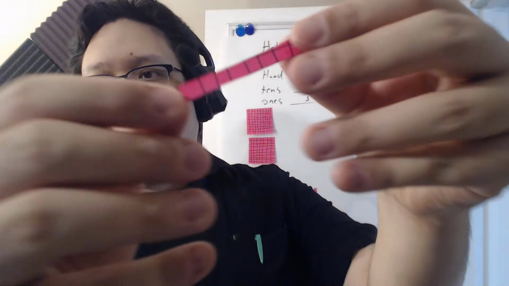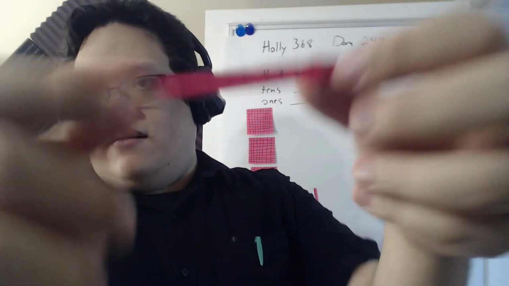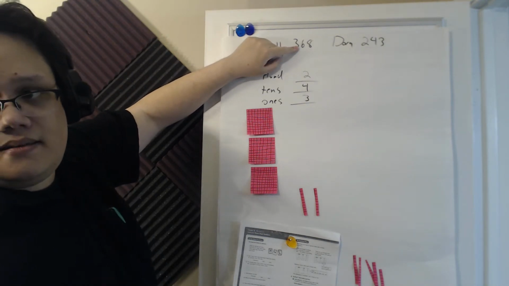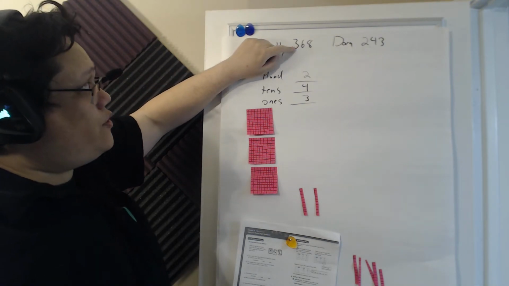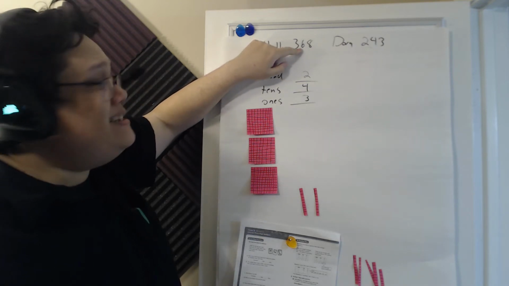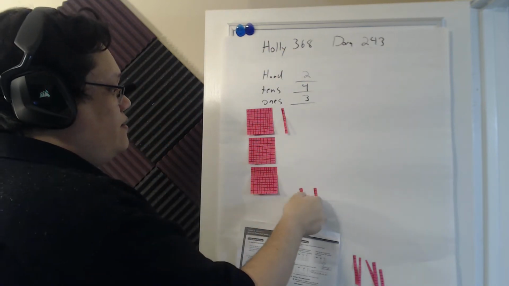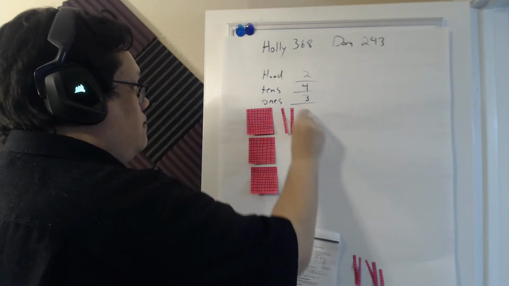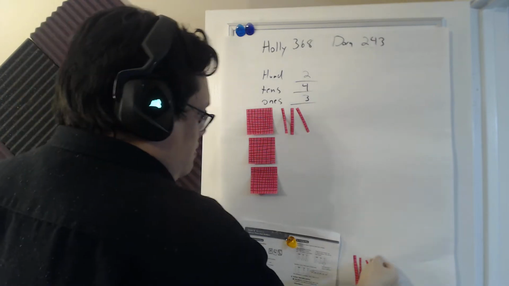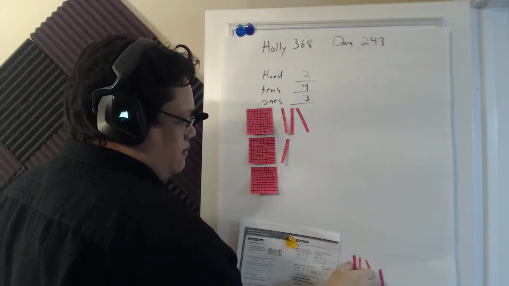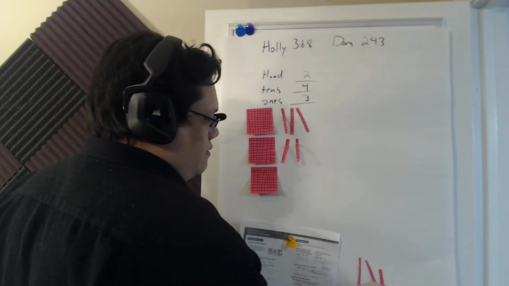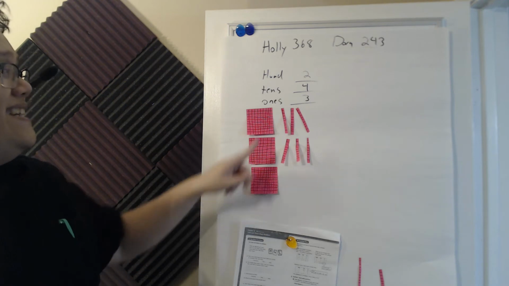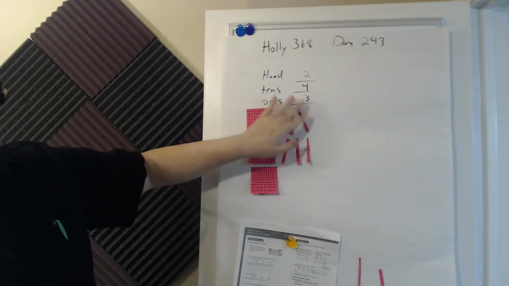Each one of these little things has 10 squares on it. What number is in her tens place? 6. So she has 3 100s and 6 tens.